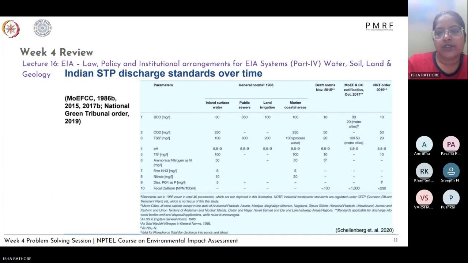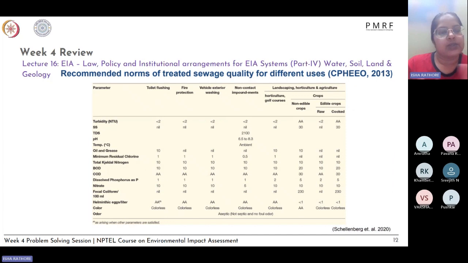So all of these different norms and what are the standards as per the different times and how they have been reformed. Okay, so we have a lot of standards. So if you're doing a project or a proposal specifically which requires development of an industrial kind of activity which has a water element or parameter to it, you can refer to these documents.